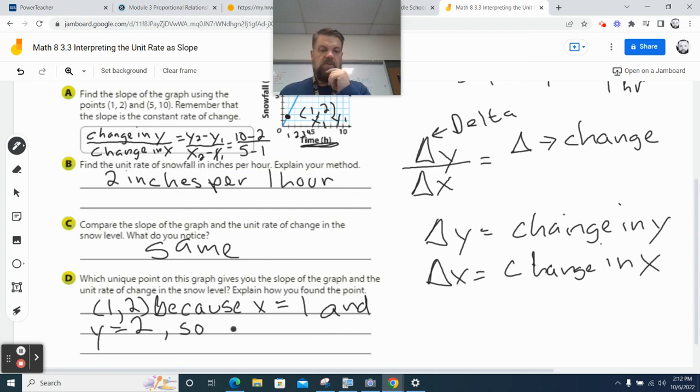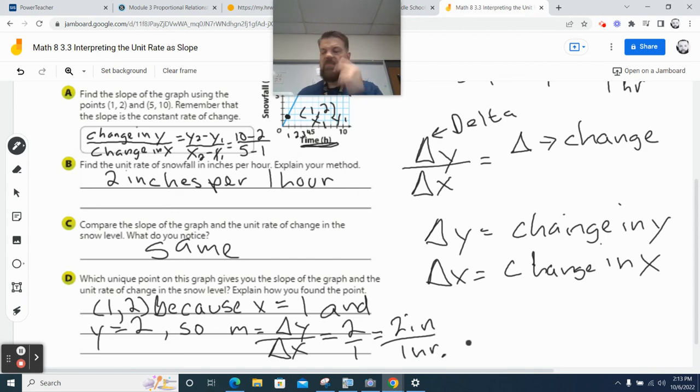So my slope, which is equal to delta y over delta x, is equal to my y value, 2 over 1, which is 2 inches per 1 hour. Okay? So usually when x equals 1 is how you can figure that out.